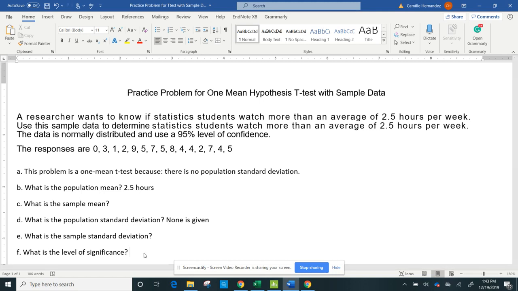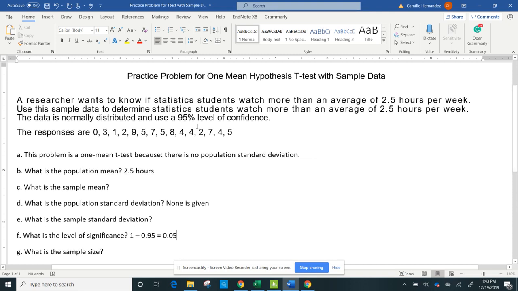I have a level of confidence, but 1 minus 0.95 equals 0.05. So that's my level of significance if I needed it. If it had asked for my level of confidence, that would have been my level of confidence. Remember, there's that inverse relationship between level of significance and level of confidence. Sample size, if I count them up, I get 15.